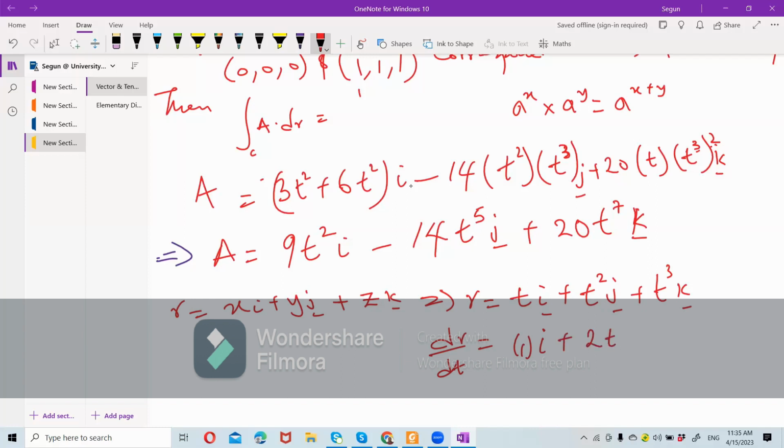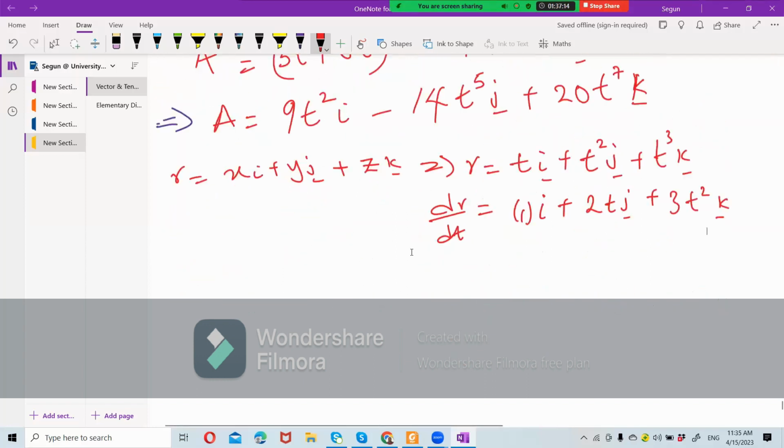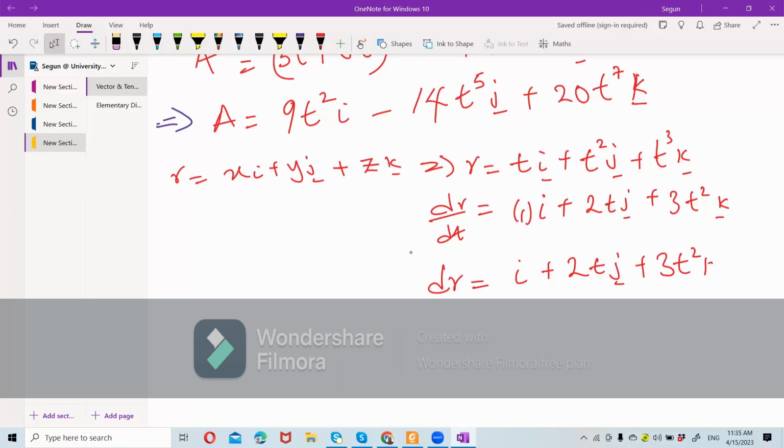Plus 2t j plus 3t squared k. So at the end of the day, I can make dR the subject of the formula. I'll just say dR equals (i plus 2t j plus 3t squared k) dt. That's all.